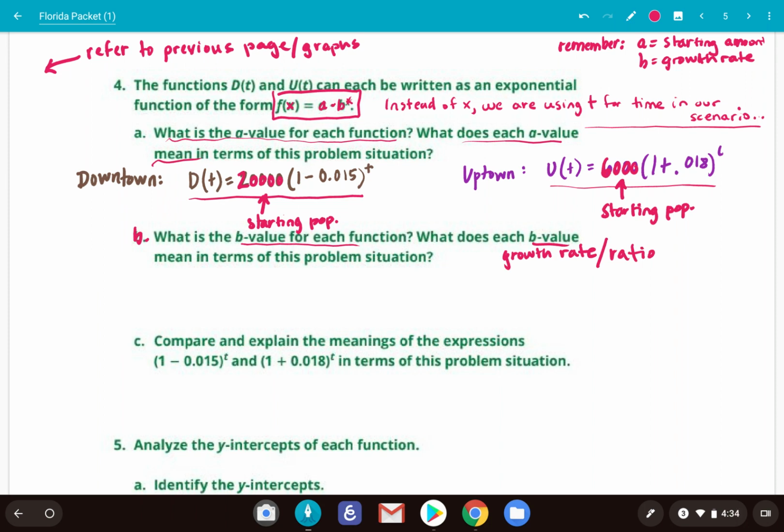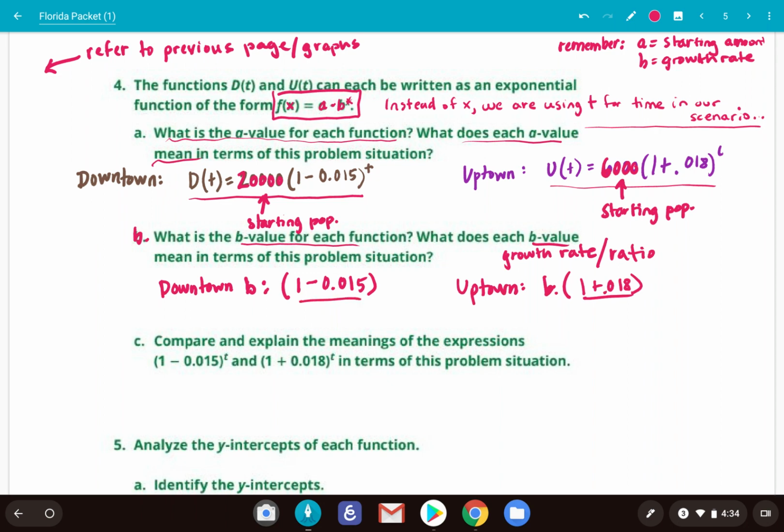So for downtown, the b value is actually everything that's in parentheses, so 1 minus 0.015. And then for uptown, the b value is 1 plus 0.018. That's your b value.